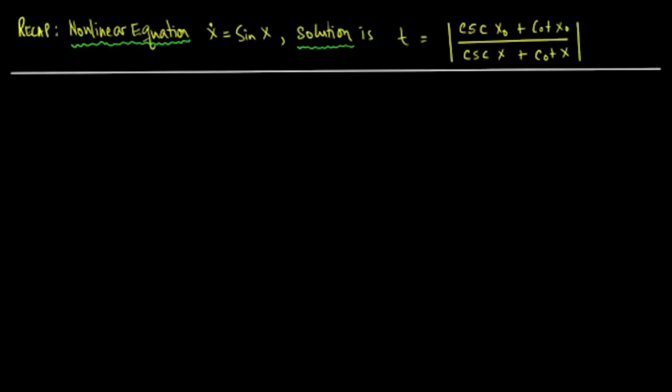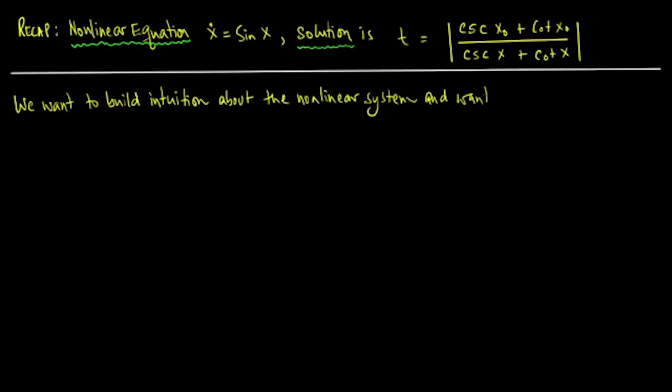Let us recap what we have. We have a nonlinear equation, x dot is equal to sine x, and using some analytical methods, we were able to obtain an exact analytical solution to this particular equation. Now what we really want is to build intuition about the nonlinear system and be able to answer practical minded questions.